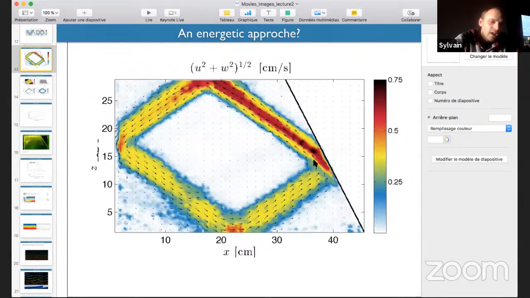Then the internal wave, the energy is going in that direction. And now you have dissipation. Because of dissipation, the energy becomes smaller and smaller. And also the widths become larger and larger because of the dissipation.